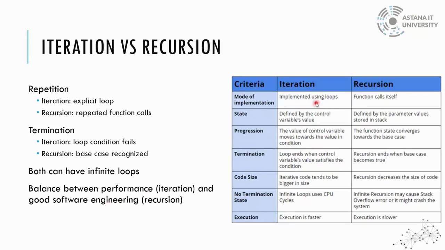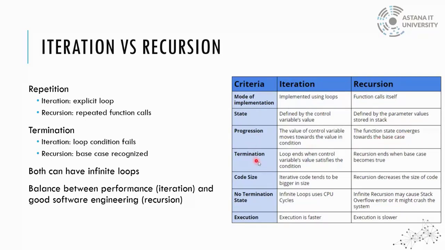So here are some criteria. Mode of implementation: iteration uses loops, recursion uses functions calling themselves. State is defined by the control variable's value in iteration, and controlled by parameter values in recursion. The progression: the value of the control variable moves towards the value in the condition, while the function state converges towards the base case.